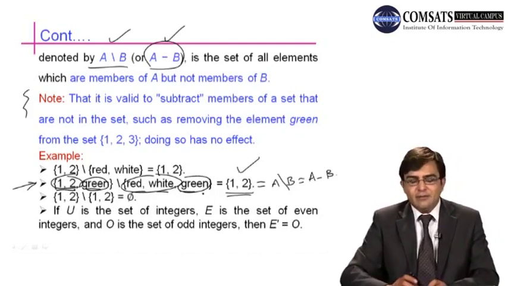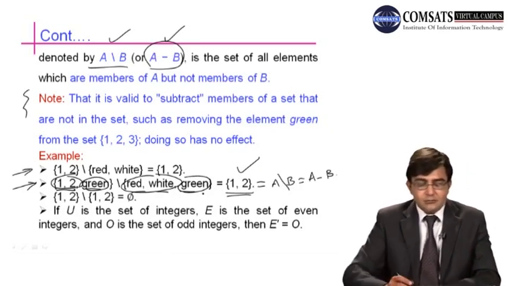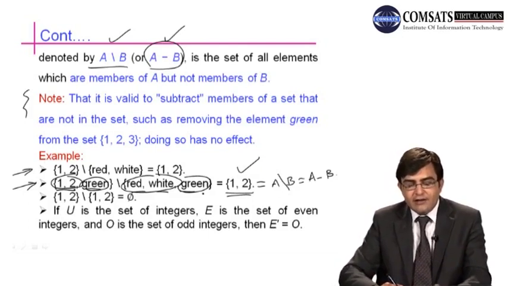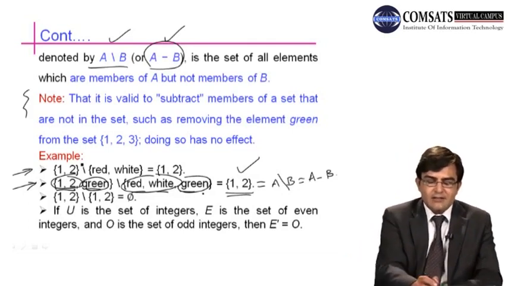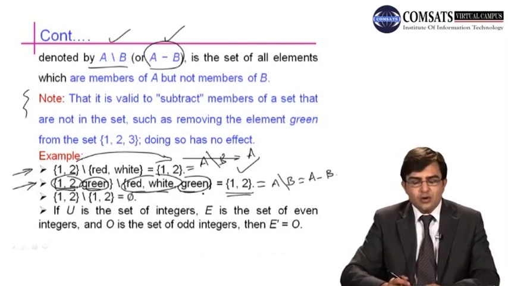The common members will be eliminated from A. For example, in this example, if we subtract {red, white} from {1, 2}, because there is no common element in these two sets, A minus B becomes A. Basically A minus B becomes A when we have no common elements in A and B.